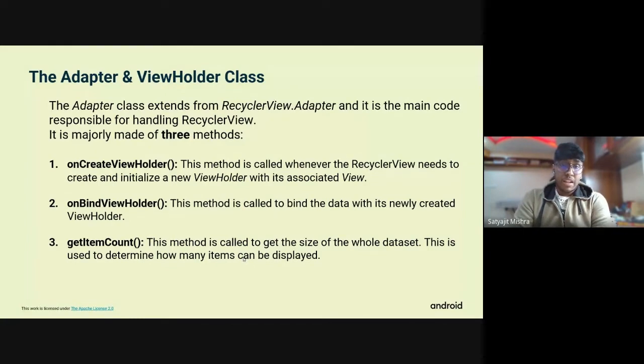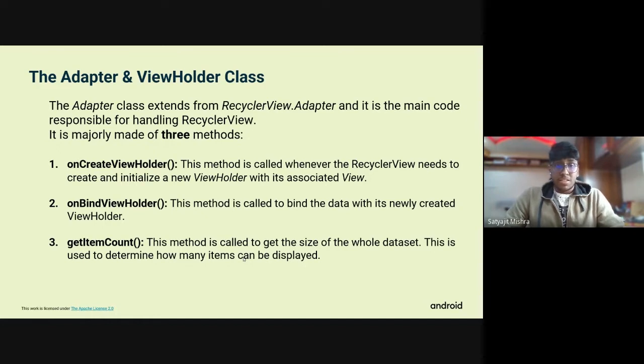Coming to the adapter and view holder class, first we'll go into the adapter class. We will create an adapter class that will extend from RecyclerView.Adapter. We'll do it in the coding part, and you'll understand this point. It is responsible for handling our dynamic list, and it does it by using three major methods.